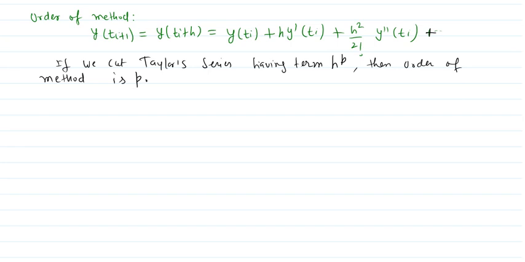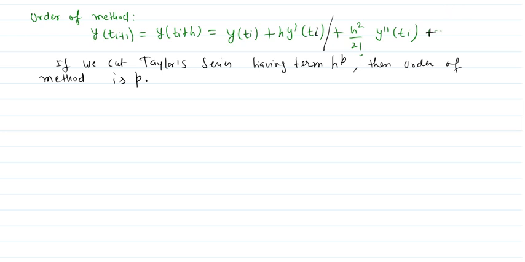So in Euler method we have truncated the series at first derivative, or in other words the error has minimum power h scale. Okay, so if the error has power h^(p+1), then the order of method is p. So that is the same thing I am saying.